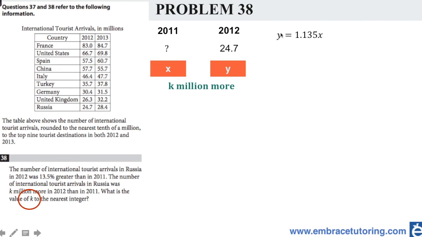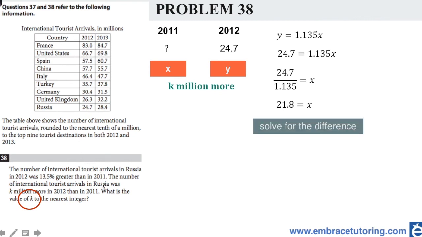So Y, my 2012 value, equals 1.135 times my 2011 value. When I do the math and plug in my values, I will get 24.7 divided by 1.135 equals X. And X is going to be 21.8. So this is the number of international tourists for 2011 corresponding to Russia.